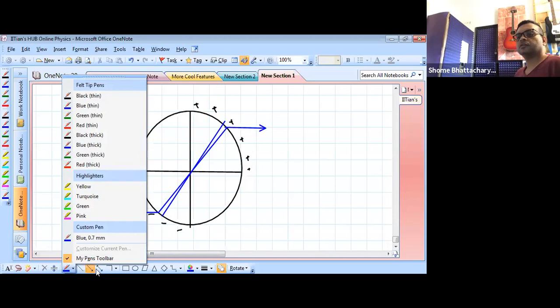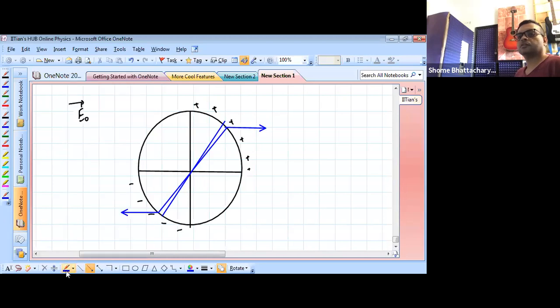So together they will create a torque like this. Okay.